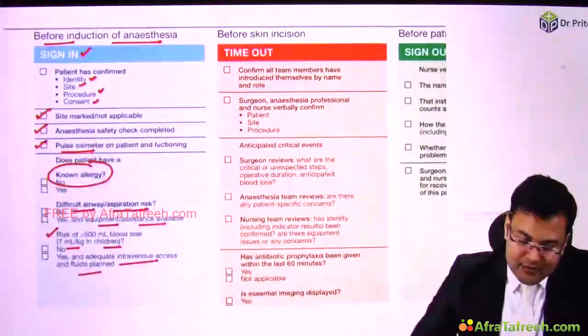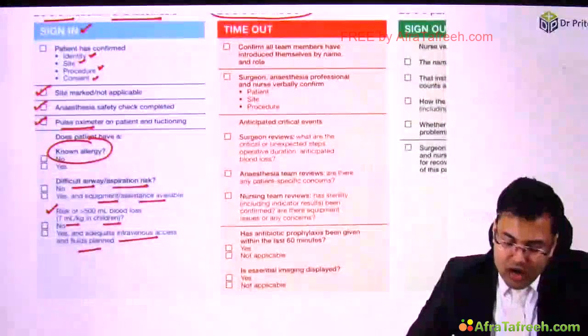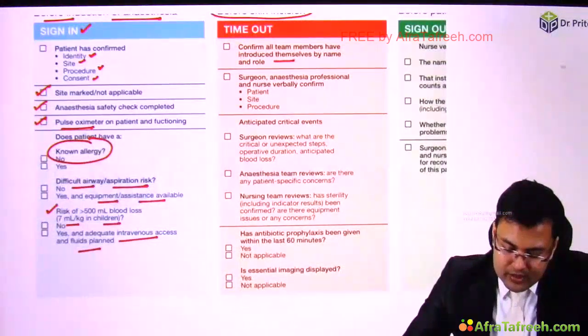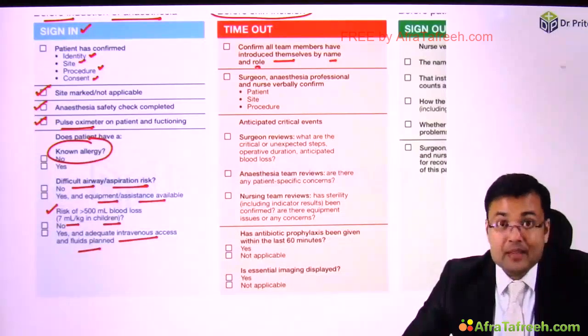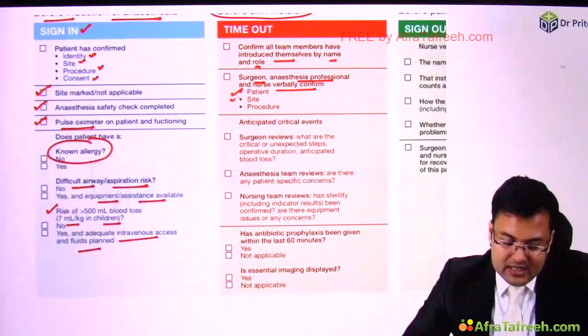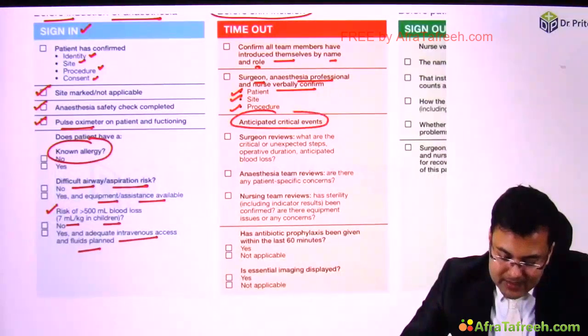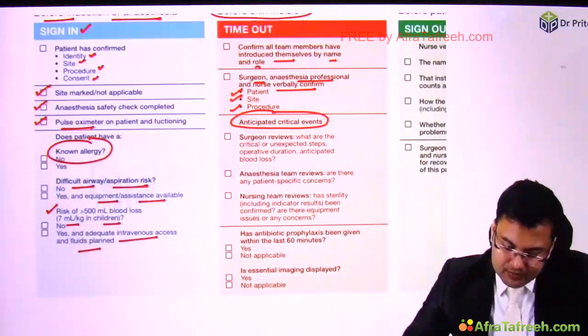After that, before skin incision, that is timeout, confirm all team members have introduced themselves by name and role. Next, surgeon, anesthesia professional, nurse will verbally confirm patient, site and procedure. After that, what are the anticipated critical events?